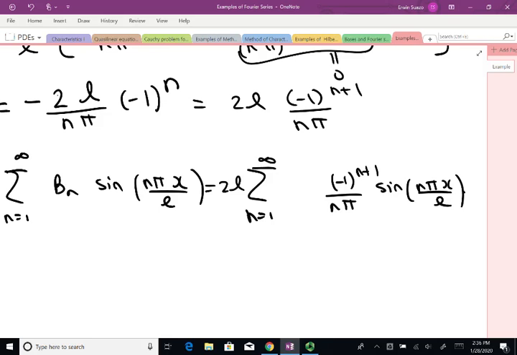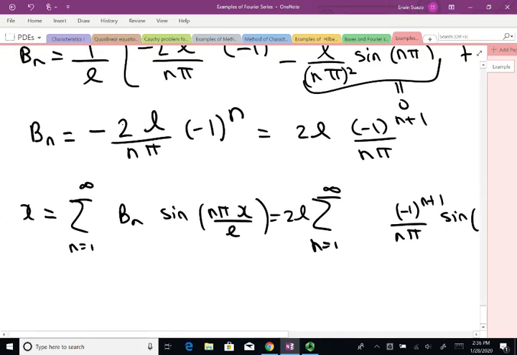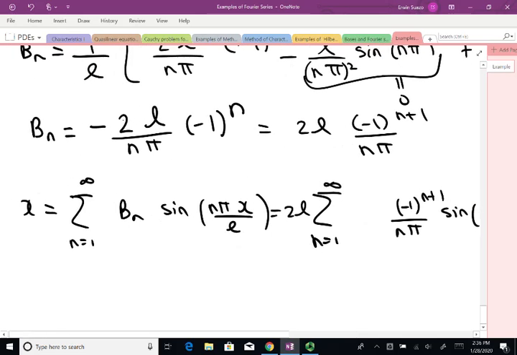So if you compare with my other answer, the sine series, it's gonna be exactly the same. So let's see. This is my full Fourier series.